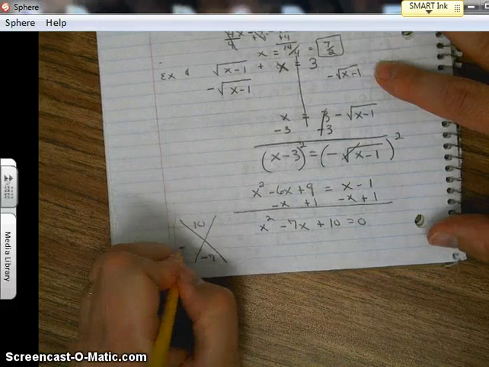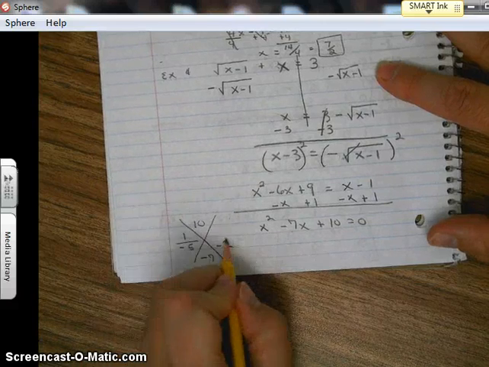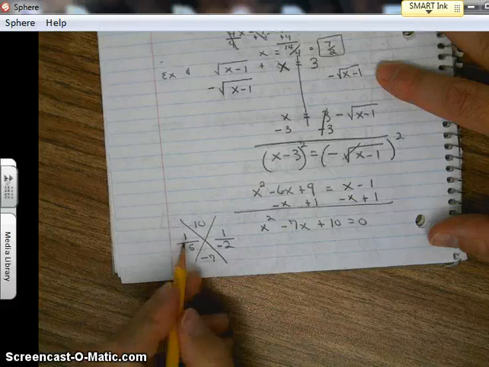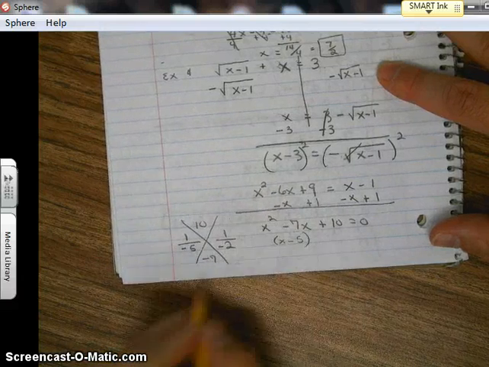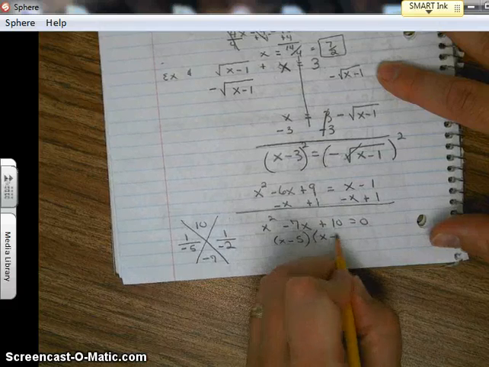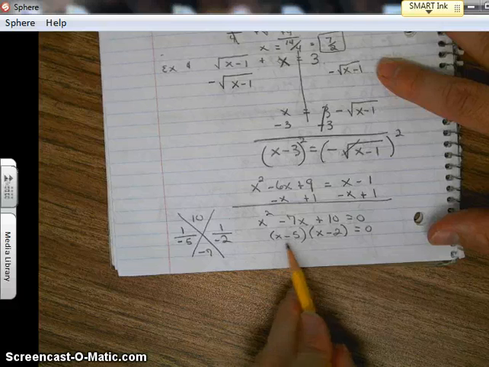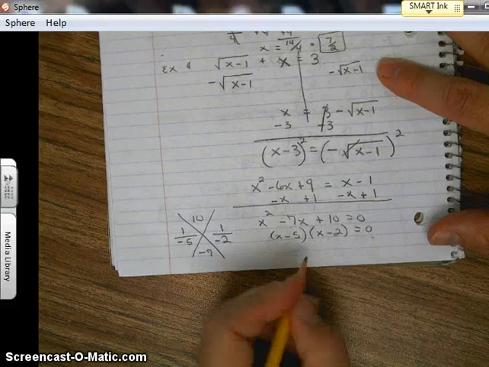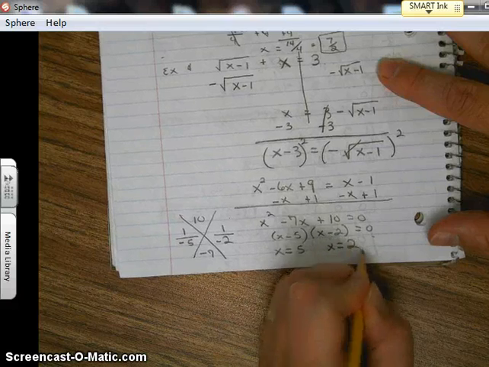Looks like negative 5 and negative 2 will do the trick. And so we get x minus 5 and x minus 2. Now we're going to set each factor equal to 0. We're going to get x equals 5 and x equals 2.